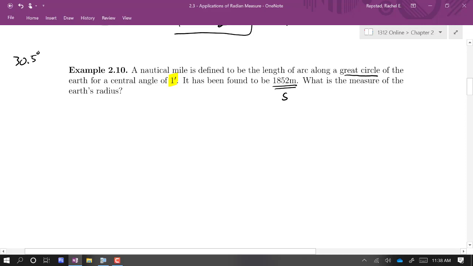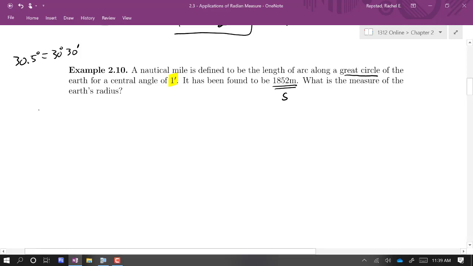But it's also common in certain areas to use minutes and seconds. So this is 30 degrees and 30 minutes. You'll just recall that 1 degree has 60 minutes, 1 minute has 60 seconds.